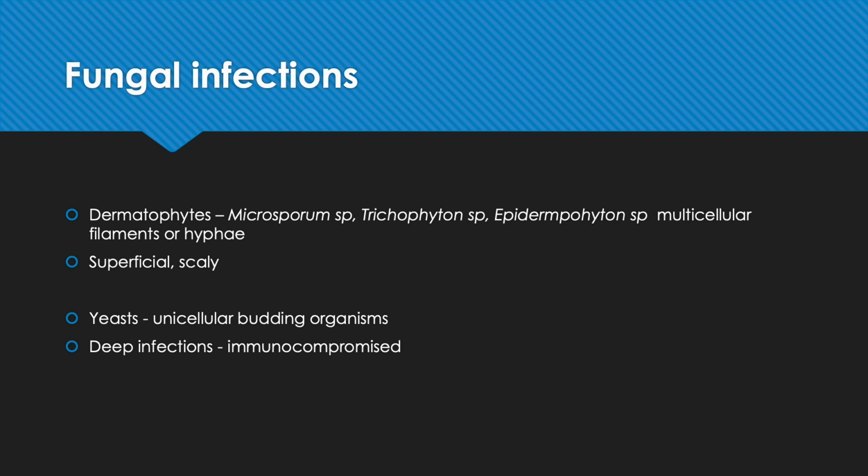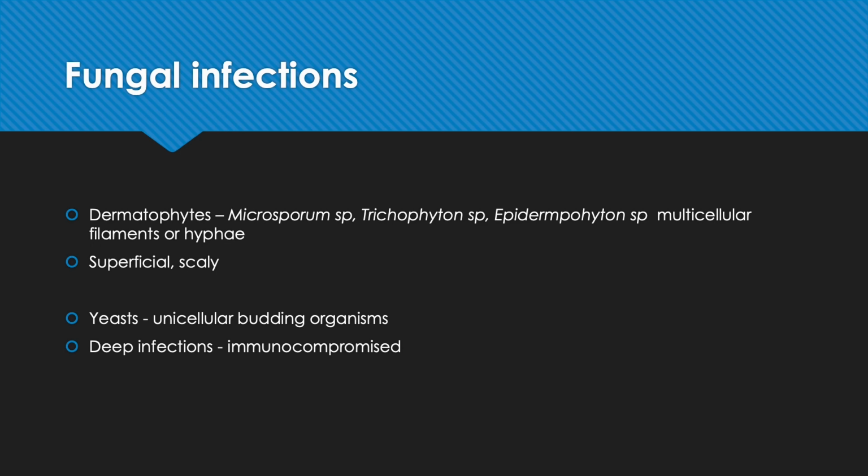The skin may be infected by true fungi, and these are called the dermatophyte fungi, and there are 3 different genera: Microsporum species, Trichophyton species, and Epidermophyton species. These are multicellular filamentous organisms which produce fungal hyphae. They produce superficial, scaly eruptions on the skin.